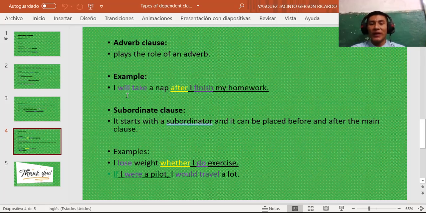This one, "I will take a nap," would be our independent sentence. Then we have our dependent clause, "after I finish my homework," with our adverb in yellow. But if you read only "after I finish my homework," the message is not complete. We can't understand what is going to happen after you finish your homework.